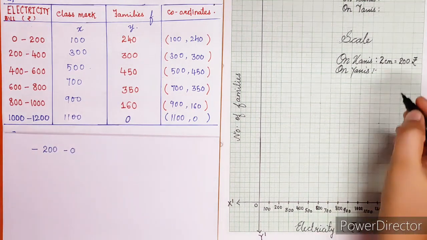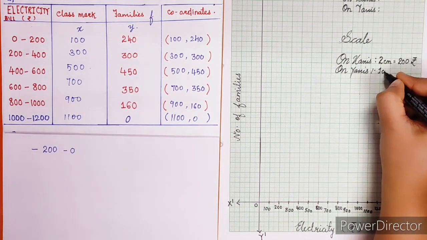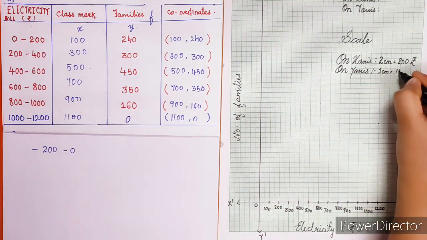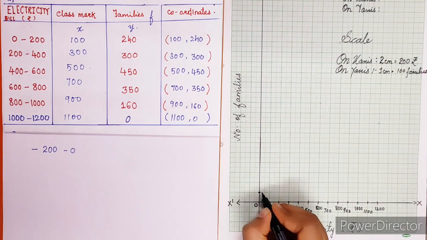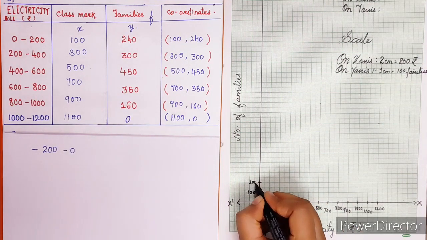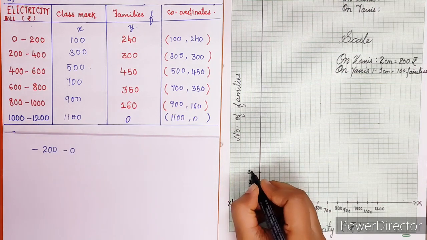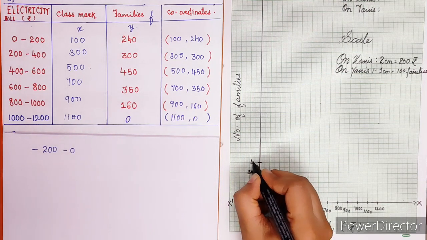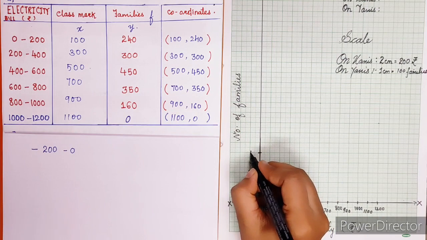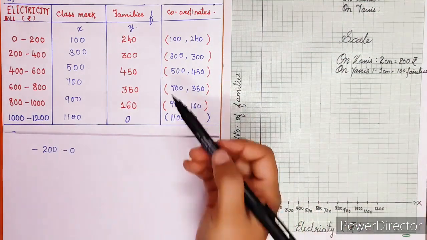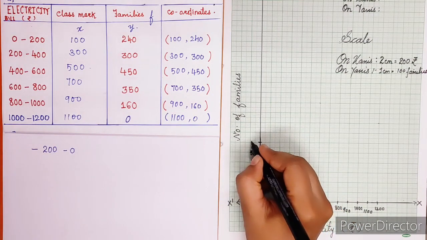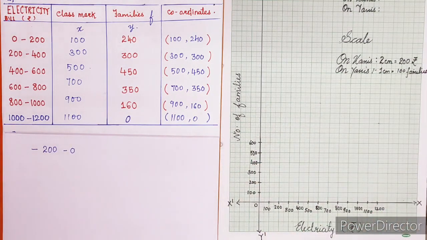On the y-axis we can take 1 centimeter equals 100 families. So at each centimeter we'll write 100, 200, 300, 400 and 500. You will see the greatest number is 500, so you have to write the scale up to that, and that much is enough.